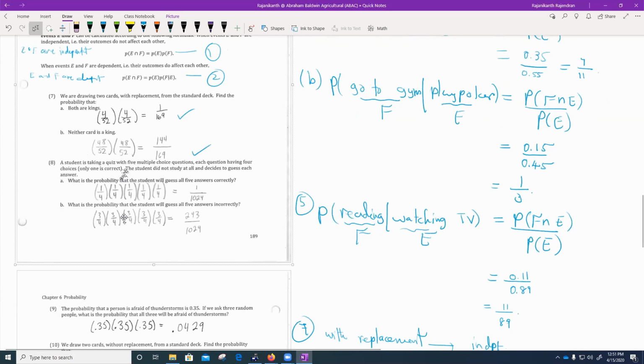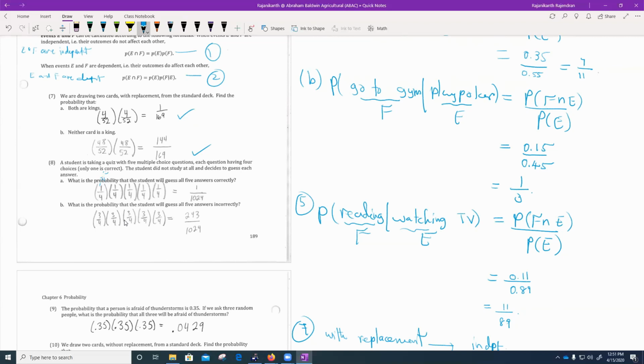So, the probability of all 5 correct means what? Actually, you need to have the first one correct and the second one correct and so on, right? Therefore, the probability of finding first correct and second correct and third correct is going to be the product of, right? The product of, the first problem is getting correct. So you are given 4 choices, so you have to choose one.